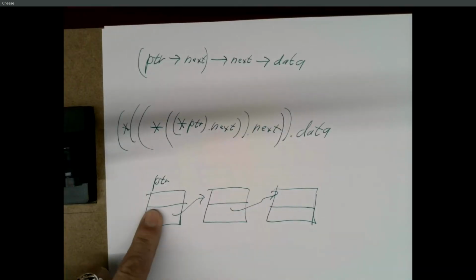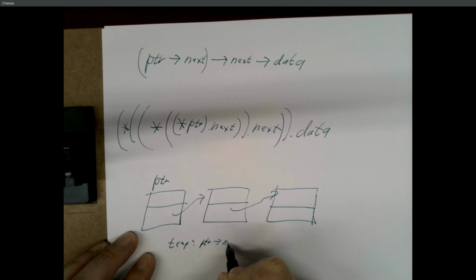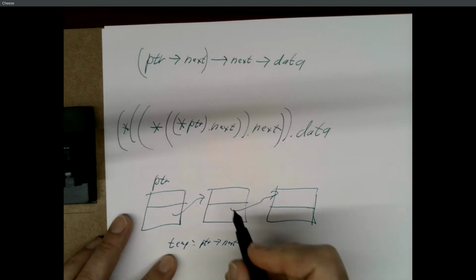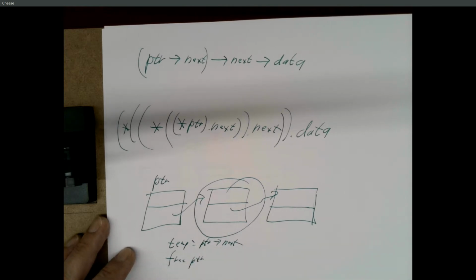So the idea is start off with this first node, which will be a sentinel node for us, and temp equals pointer arrow next. Once we've got that, we know where this thing is located. Now we can free pointer. And now we can set pointer equal to temp.